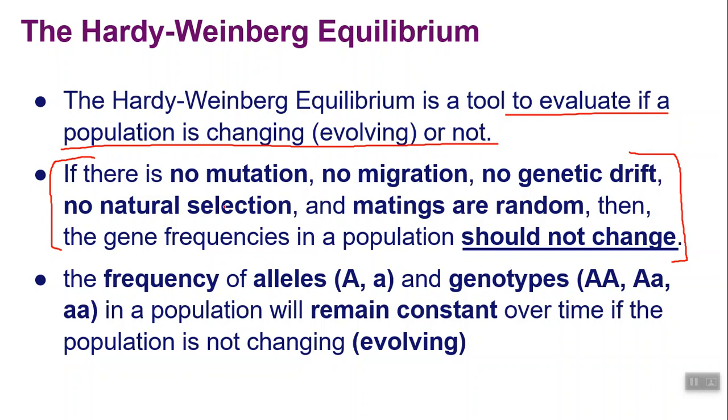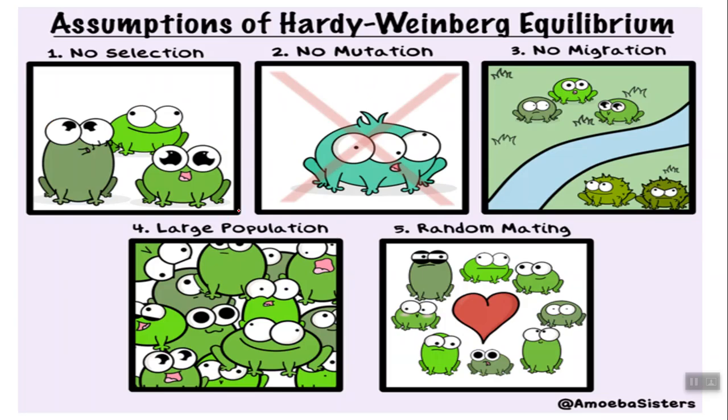You're always going to have mutations or individuals leaving or random events or natural selection. You're always going to have at least one of those. You're always going to have evolution. So none of these assumptions are going to be true all of the time. You're always going to have violations, and therefore you're always going to have evolution and change over time. So let's jump into some math.